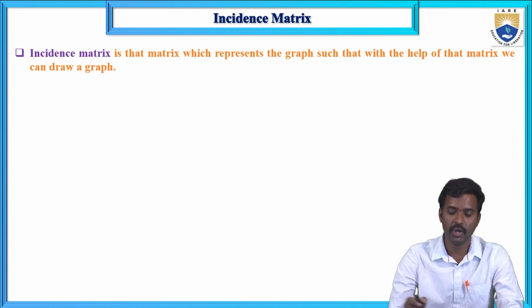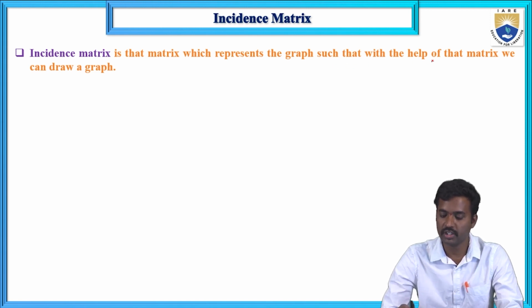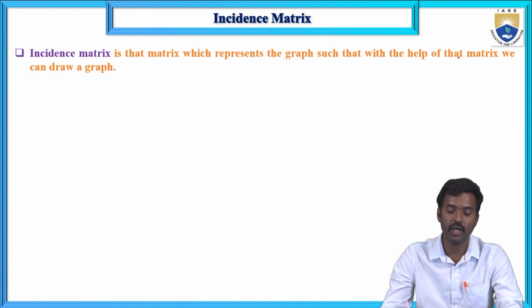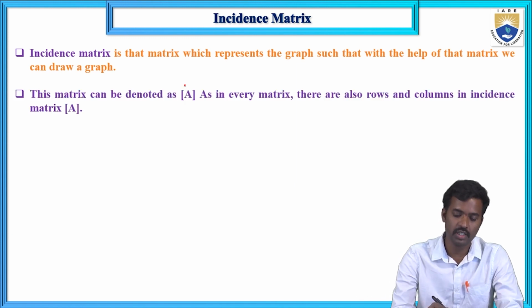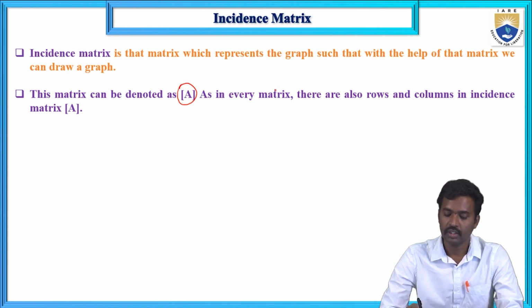Now, what is an incidence matrix? The incidence matrix is a matrix which represents a graph such that with the help of the matrix we can draw the graph. From the incidence matrix we can draw the network graph. It is represented with capital A, and it consists of rows and columns.